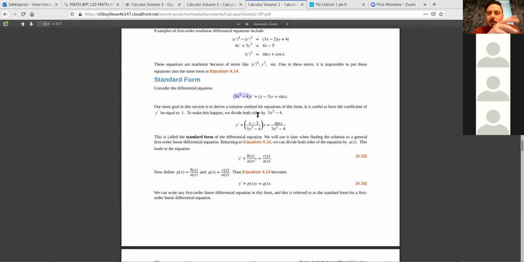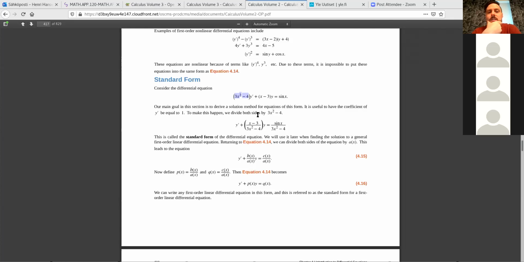But with this, we kind of destroy the possibility to talk about the points where a(x) is equal to 0. So for instance, when here we have 3x squared minus 4, then when x squared equals 4 over 3, so when x equals plus or minus the square root of 4 over 3, then we have the problem that this is going to be 0.